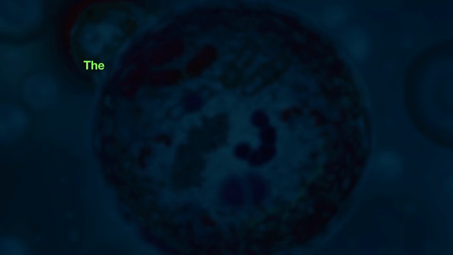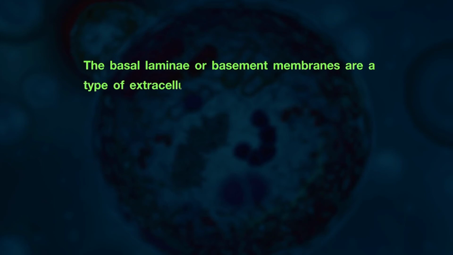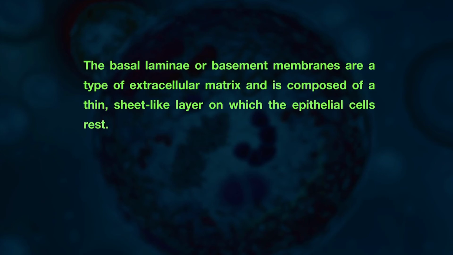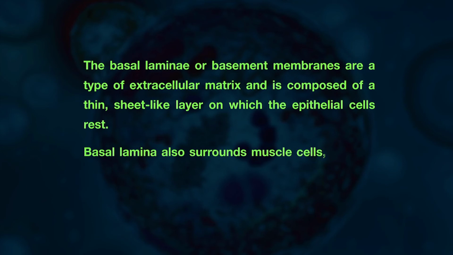The basal lamina or basement membrane is a type of extracellular matrix and is composed of a thin sheet-like layer on which the epithelial cells rest. Basal lamina also surrounds muscle cells, adipose cells and peripheral nerves.